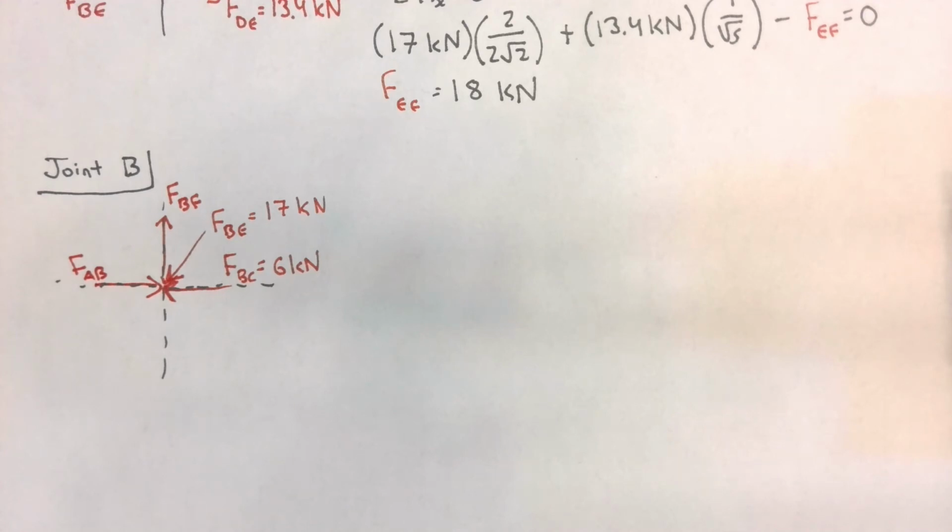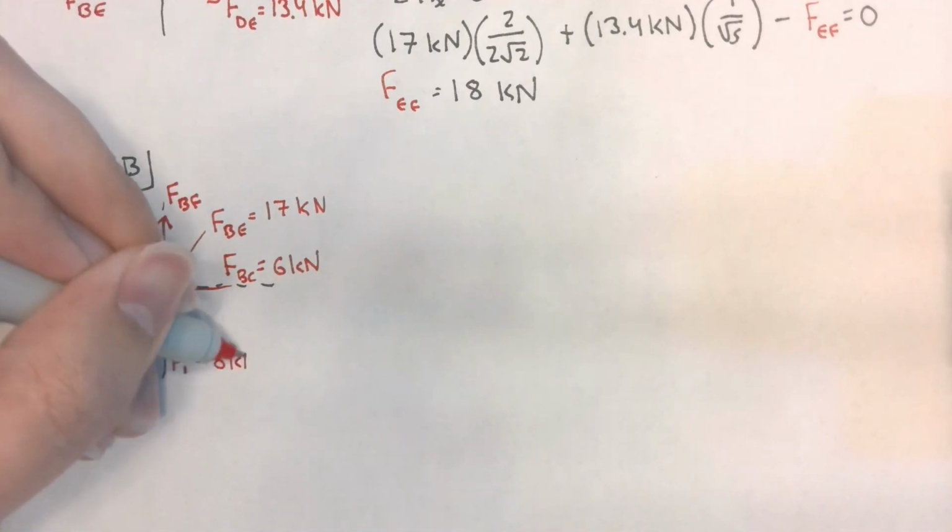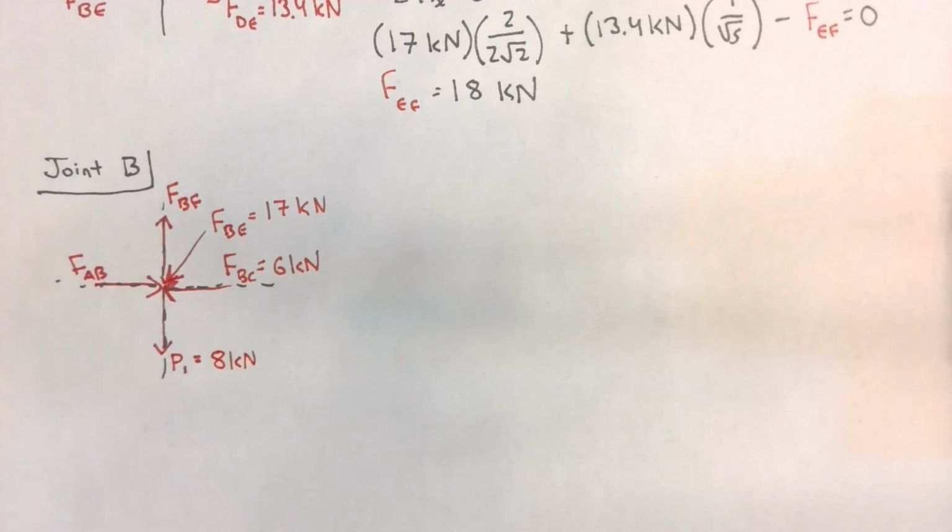This has a lot more forces, but it's actually not that hard to solve. Oh, and I also missed the external force, P1. So we have 5 forces here, but we can still solve because we only have one unknown in the y direction and one unknown in the x direction.